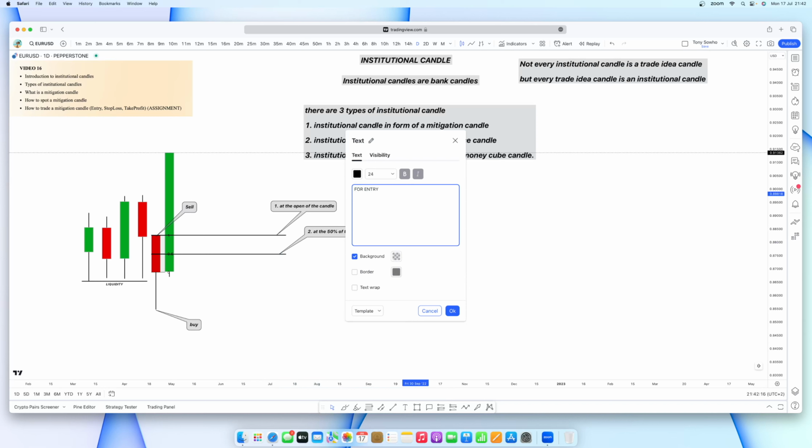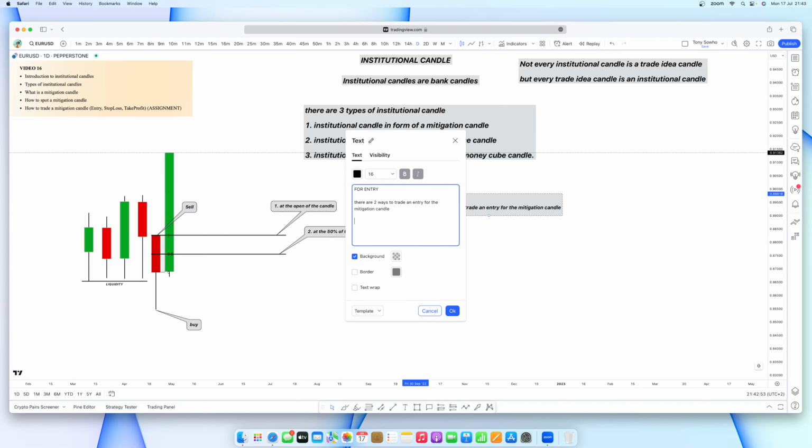So for entry, a mitigation candle entry can come. You can trade the mitigation candle. There are two ways to trade an entry for the mitigation candle.